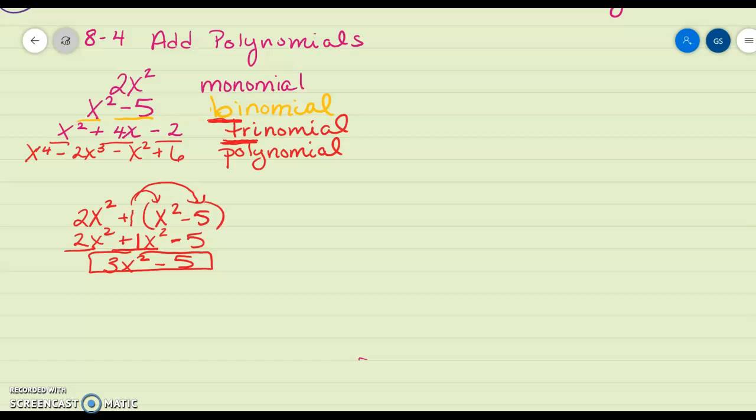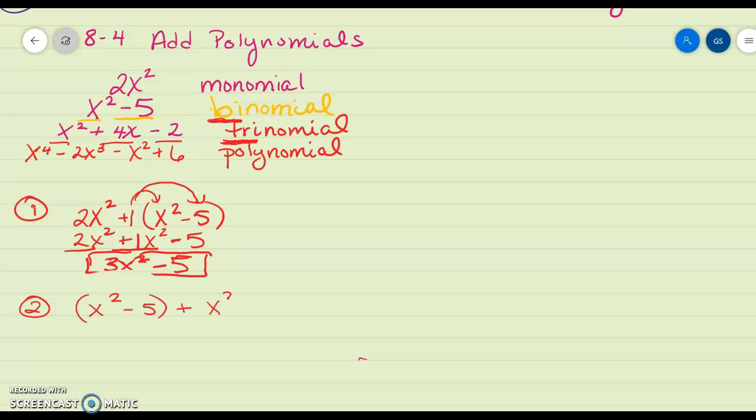All right, so let's try adding the binomial to the trinomial. So this was 1, and this is 2. x squared minus 5, which we're going to put in parentheses, and then add the trinomial.